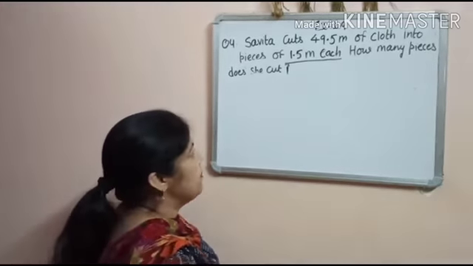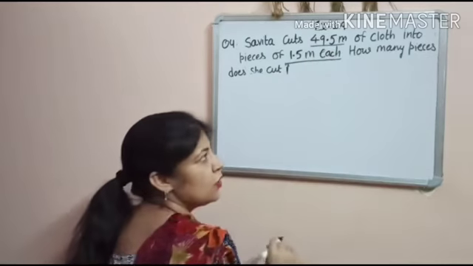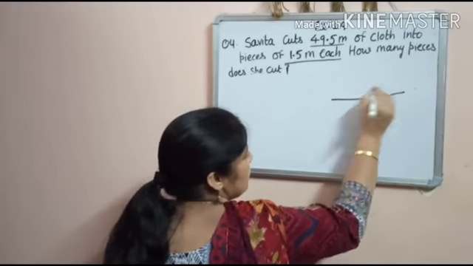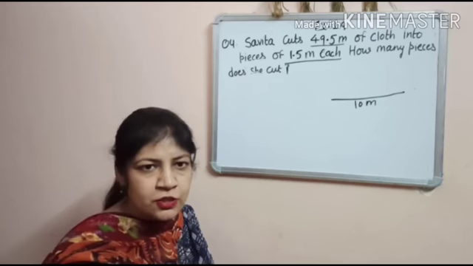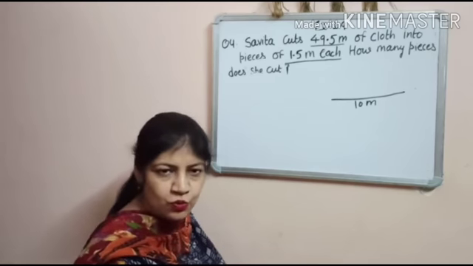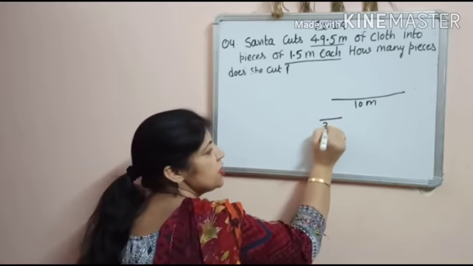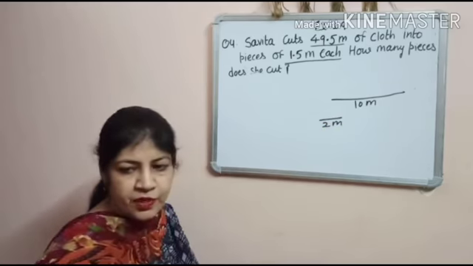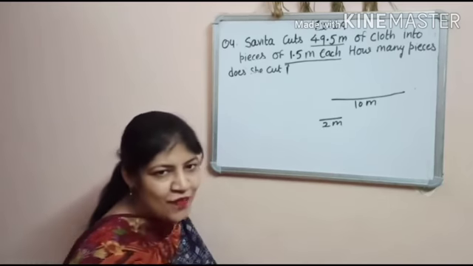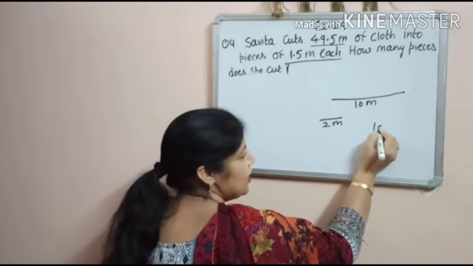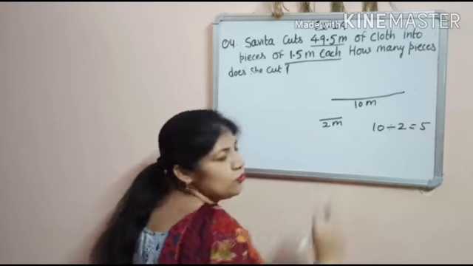Now let's take an example. For example, you have 10 meter cloth. The length of cloth is 10 meter, and you want to cut it into equal pieces. And the length of each piece is 2 meter. Then how many pieces have you cut? Yes, 5 pieces. And you get 5 by just dividing 10 by 2.